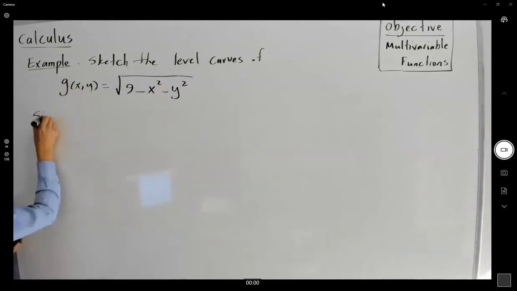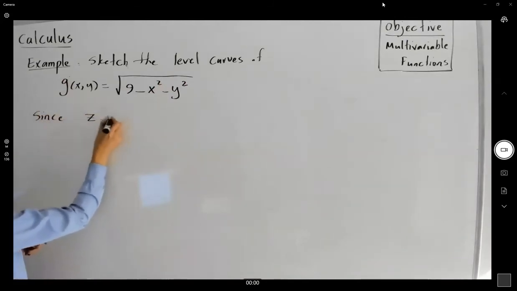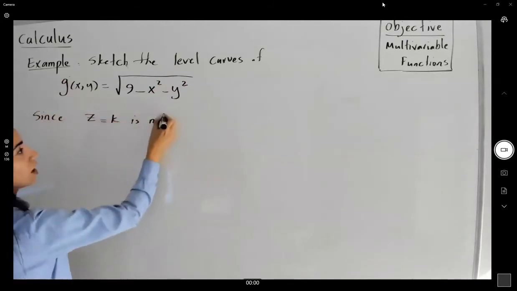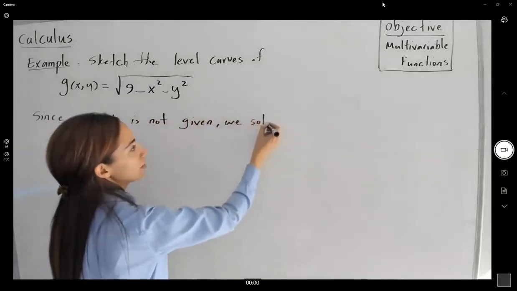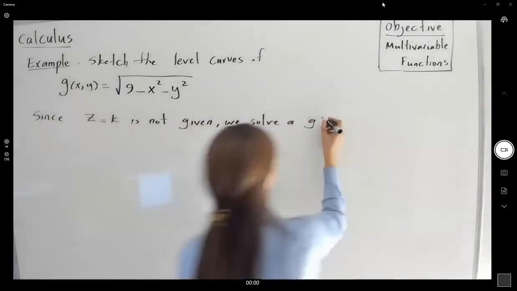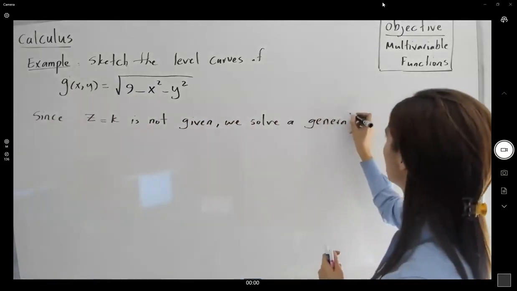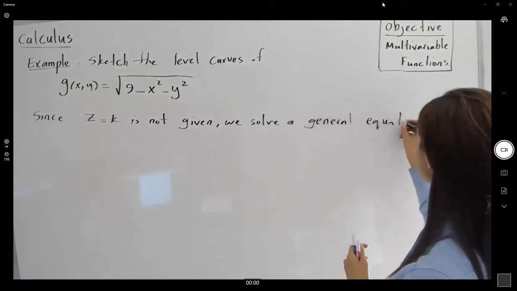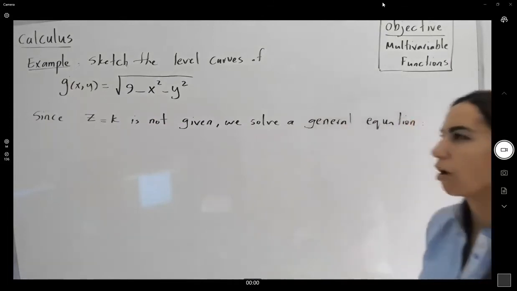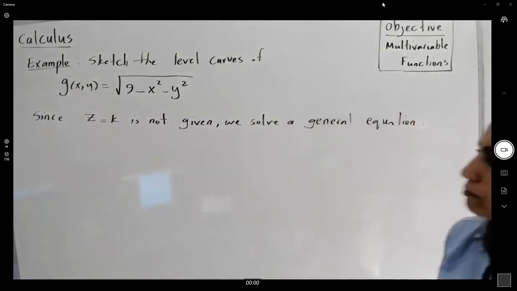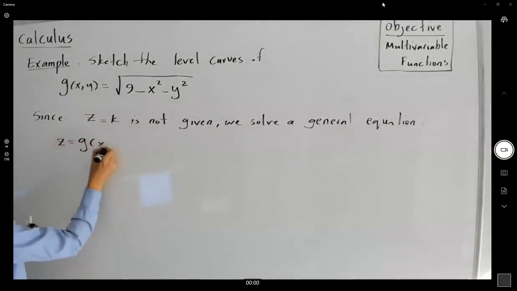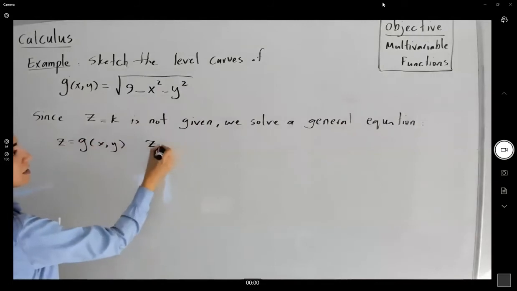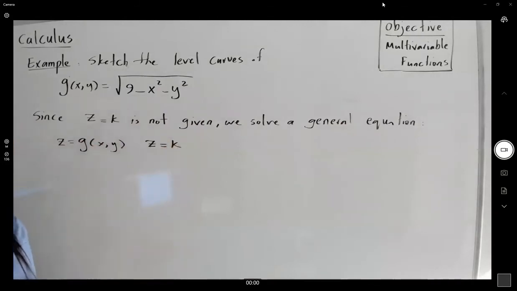So since z equals k is not given, we solve a general equation. What's the meaning of that? We know that z is equal to g of x and y, and z is equal to k.